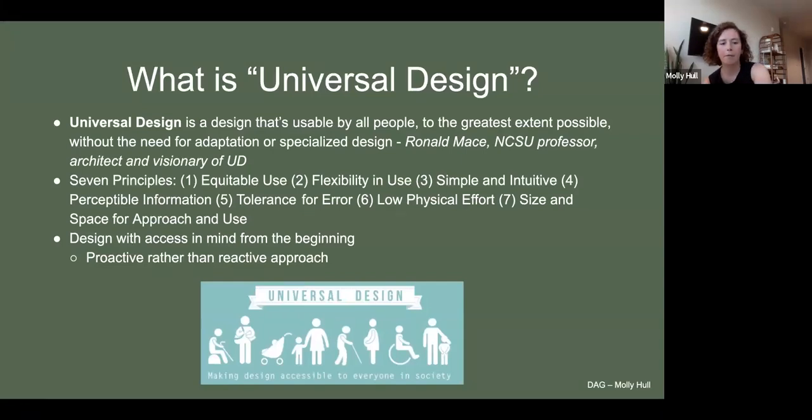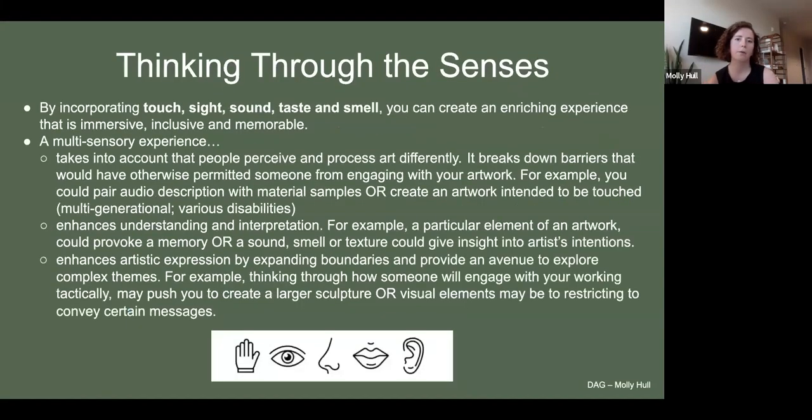But for the purposes of this evening, I wanted to think through how we could apply the senses to artwork and its creation when you're in that creation process. So thinking through the senses, I wanted us to touch upon touch, sight, sound, taste, and smell.